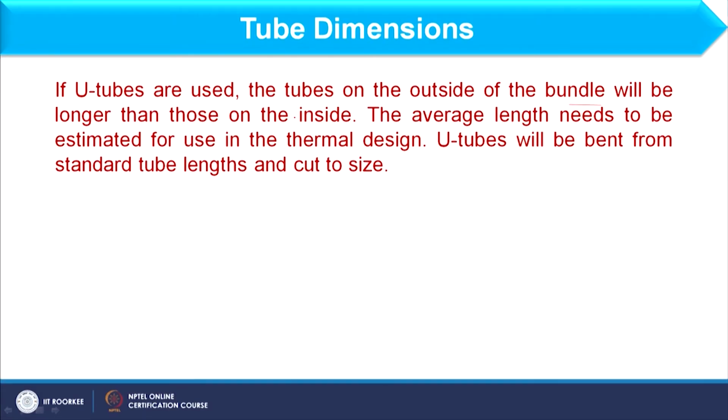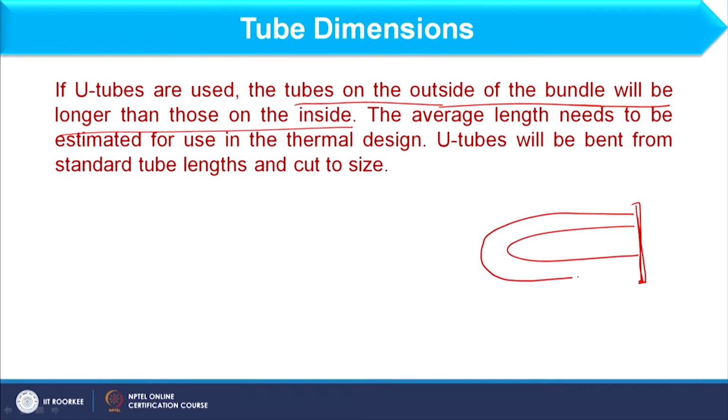Now, if we use U tubes, so what will happen? In that case, tubes on the outside of the bundle will be longer than those of the inside, and that is very obvious. If I am having tube sheet like this, okay, here I am having inner tube, and if I am considering outer tube, it means outer tube dimension or size is very large in comparison to inner pipe, right. So, the average length needs to be estimated for the use in thermal design.